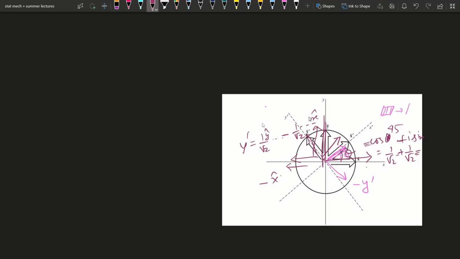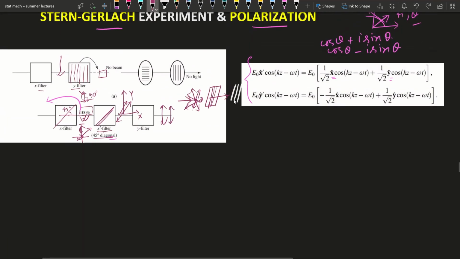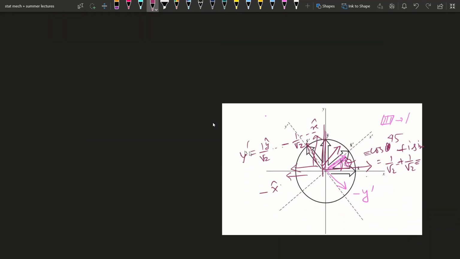As I have written here, x dash is 1 by root 2 along the x component plus 1 by root 2 along the y component, and y dash is 1 by root 2 into y cap minus 1 by root 2 into x cap.